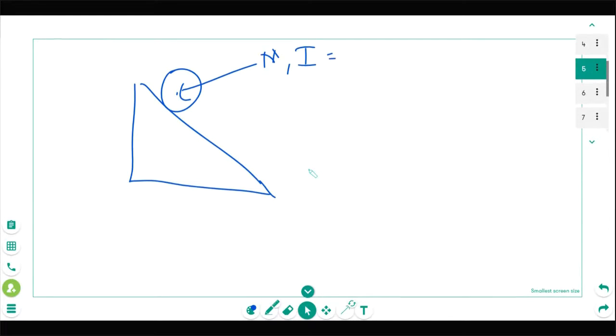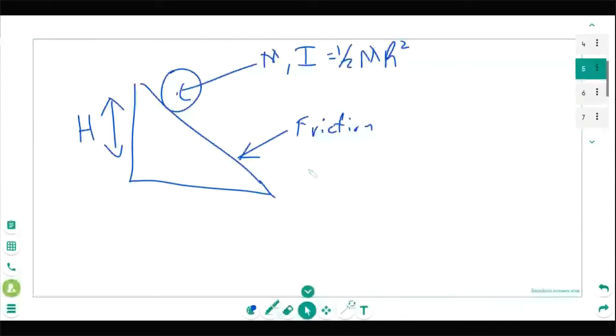Moment of inertia, we'll make it 1/2 mr squared, just to make it easy here. This distance we will call h. And yeah, we can go from there. So there's basically a couple different ways they can do this. They can talk about this ramp having friction or not.